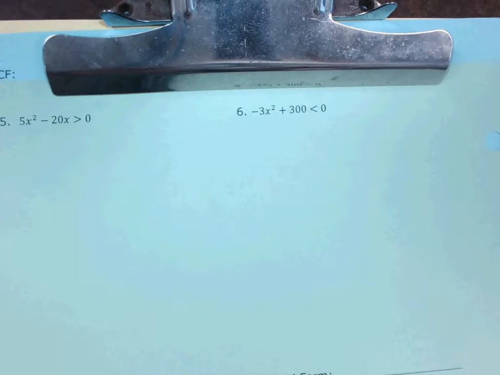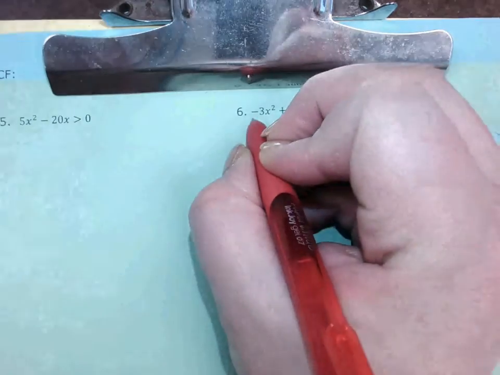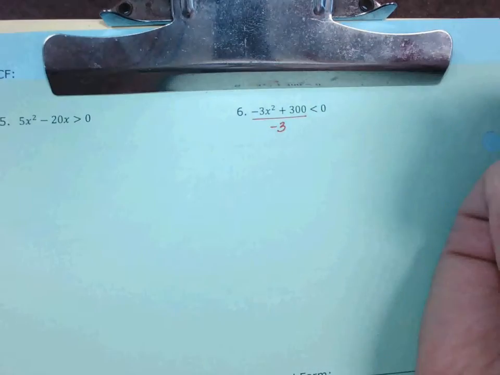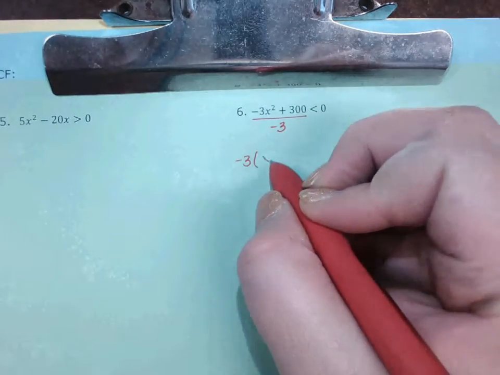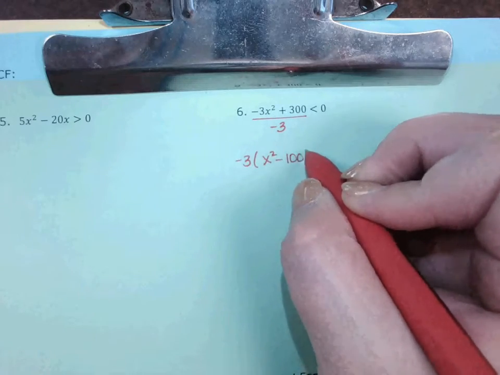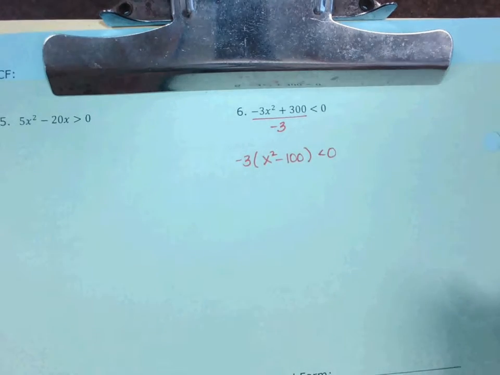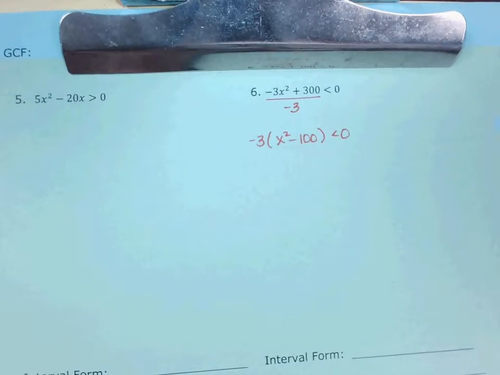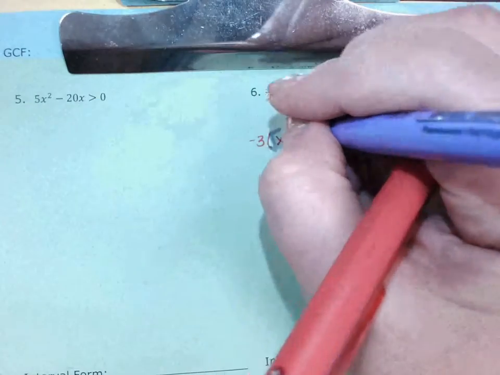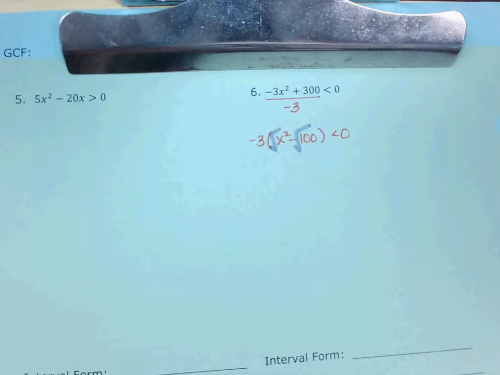What can I divide out? Negative 3. Negative 3 comes out. What's left over? X squared minus 100. Okay, then I look at that guy and I'm like, ooh, special. What could I do? Perfect squares.